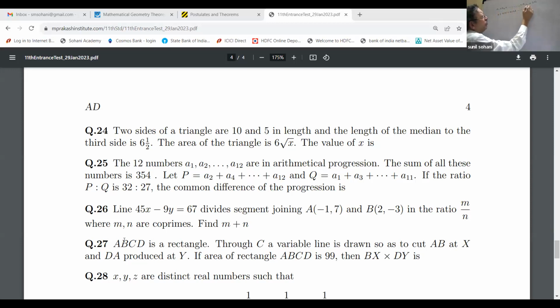And then A12 will be A plus 11 times the difference. And answer is 354. So I can count there are 12 A's, and you have to add 1D, 2D up to 11D. So adding 1D to 11D, the shortcut is 11 times the next number 12 upon 2 are the D's. Answer is 354.